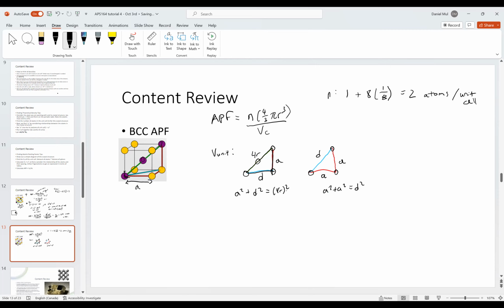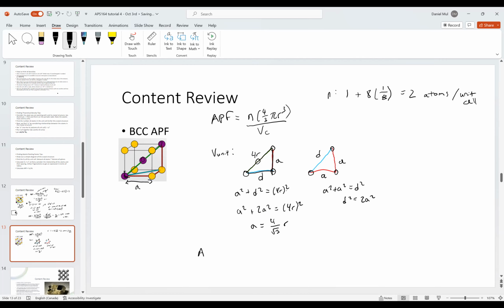Then based on this, we can put D in terms of A. We get D squared equals 2A squared. And then we can put that in there. So we get A squared plus 2A squared equals 4R squared. That's how we use that other triangle to get it all in terms of one. And from this, we can get A equals 4 over root 3 R.